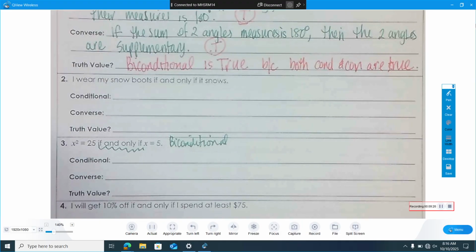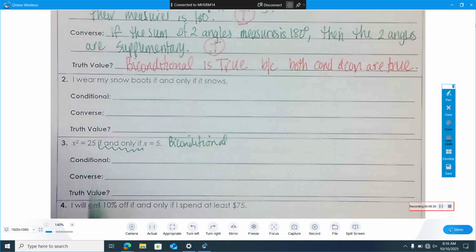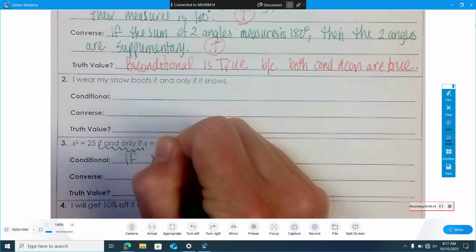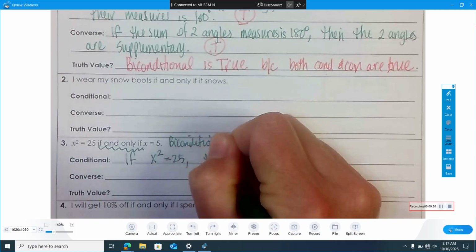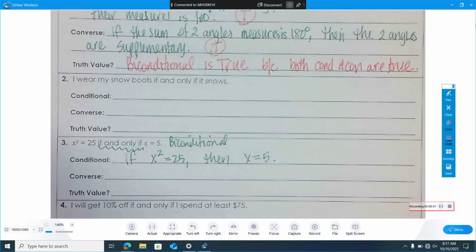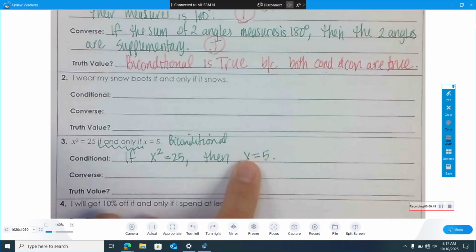If and only if x equals 5. All right, what is our conditional? And again, I want the first thing first. Good. If x squared equals 25, then x equals 5.